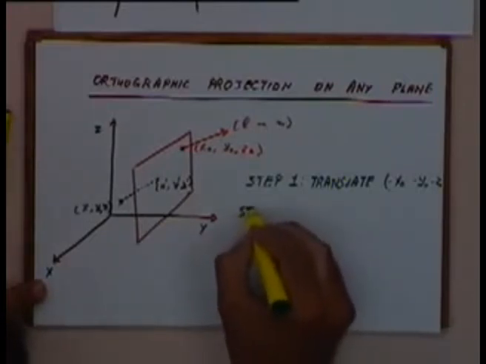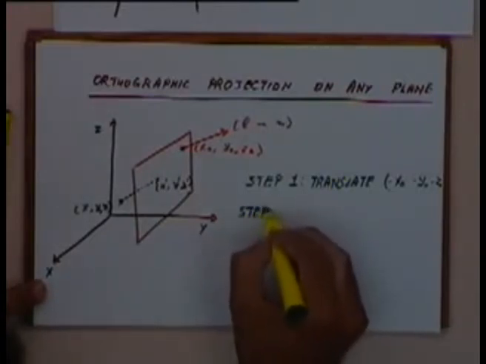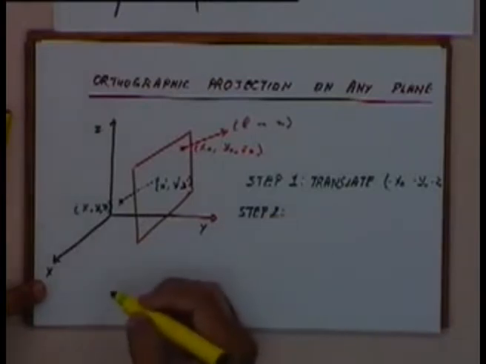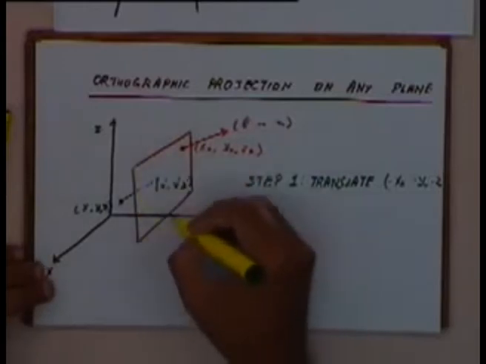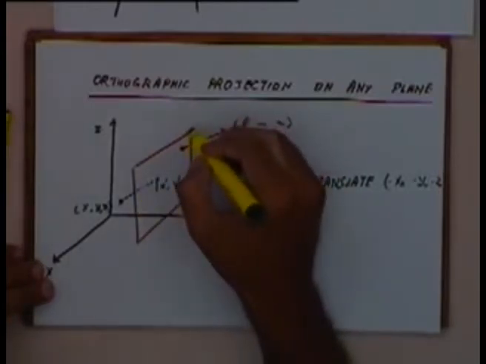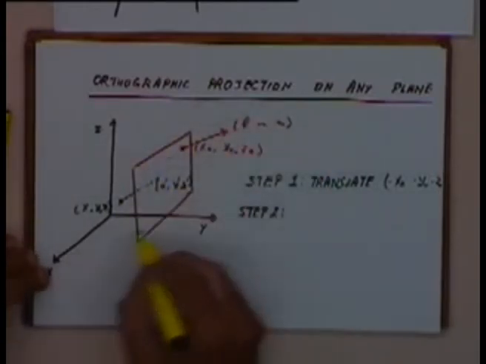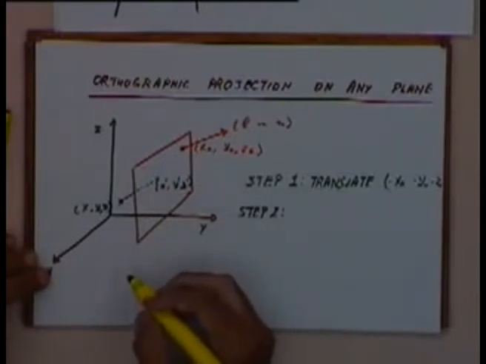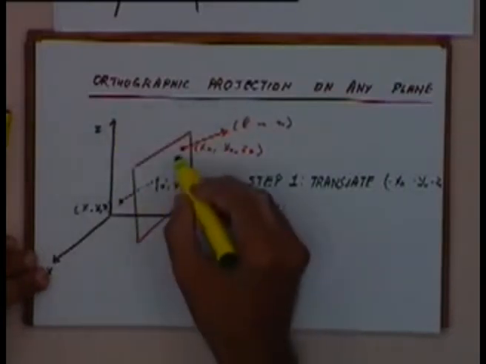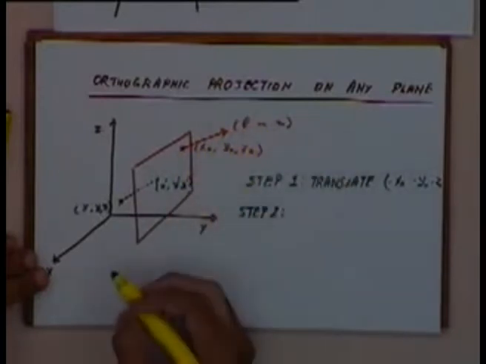In my step 2, I now rotate my axis such that this plane becomes the same as, let's say, the xy plane, or my z axis will now start coinciding with the LMN vector.